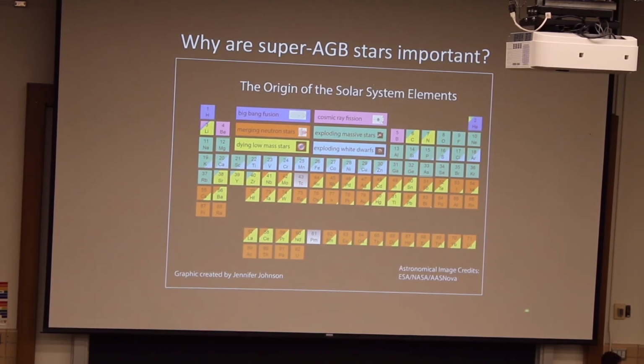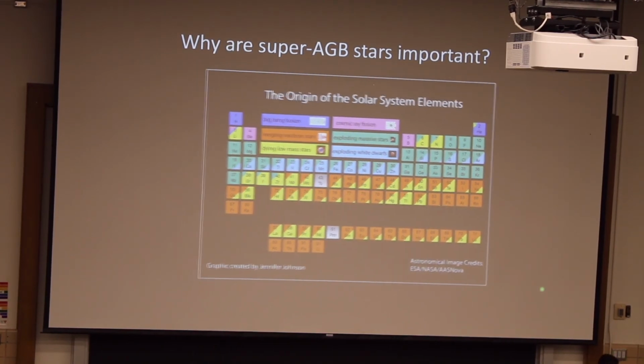And if you look at all the elements in our universe, they come from different places. This excellent diagram shows you where, but crucially, all of the boxes that have yellow on them, those elements are made in planetary nebulae, so they come from giant or low mass stars. And the green boxes are ones that are spread out into the universe when a big supernova blows up, or from high mass stars.